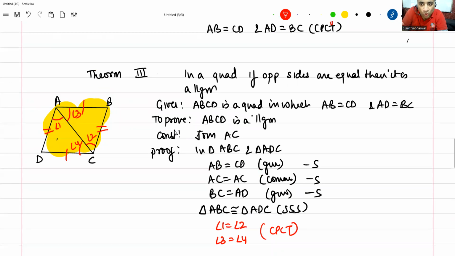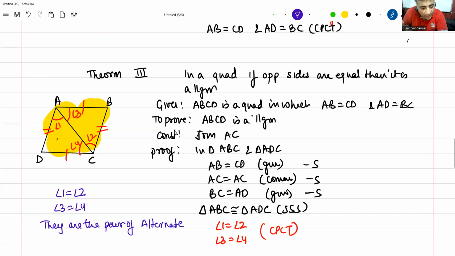See children, if you look into this, what will you see? Angle 1 and angle 2 are forming alternate interior angles. So I can simply say that angle 1 is equal to angle 2 and angle 3 is equal to angle 4. They are pairs of alternate interior angles.